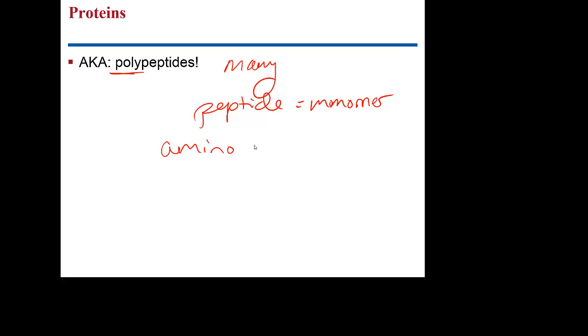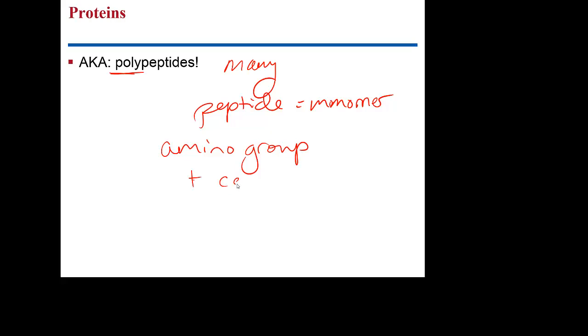When we talk about proteins, we're actually talking about something known as a polypeptide. Poly is many. Peptide is the monomer for proteins. So when we look at these guys, we're going to take an amino group that we saw before in our functional group.